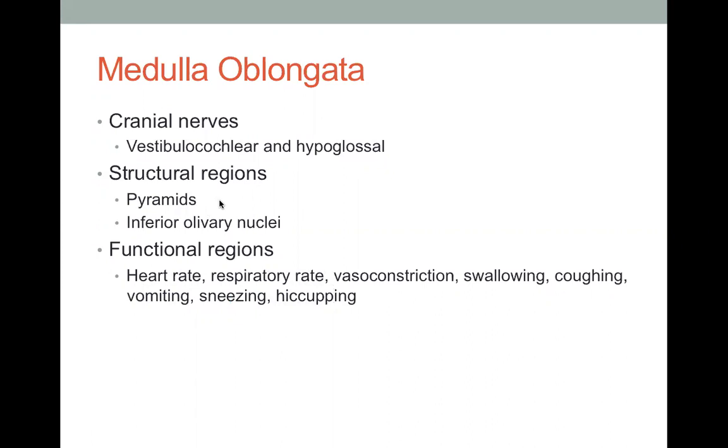And then the functional regions we said would be heart rate, respiratory rate, the vasoconstrictions, swallowing, coughing, vomiting, sneezing, and hiccuping. These first three, the heart rate, respiratory rate, and vasoconstriction, those are considered your vital reflexes because, of course, you need those things to go on so that you can continue living.